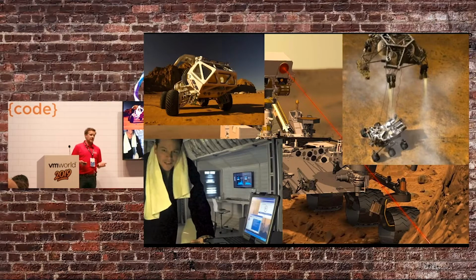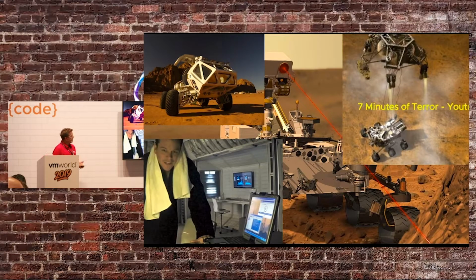So they called it 7 minutes of terror, where they literally didn't know what happened to the rover because it takes 7 minutes to land it, and they had the 14-minute delay. Can you imagine spending all that time and effort and then not knowing whether it landed successfully or whether it didn't?